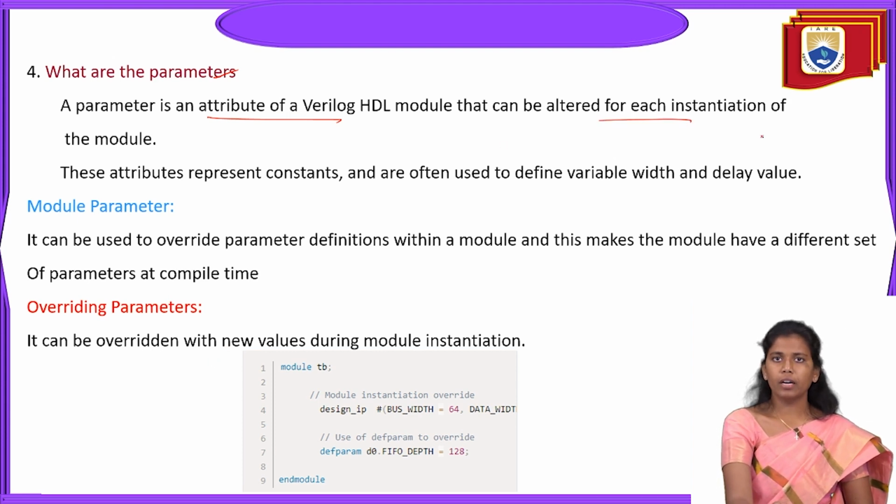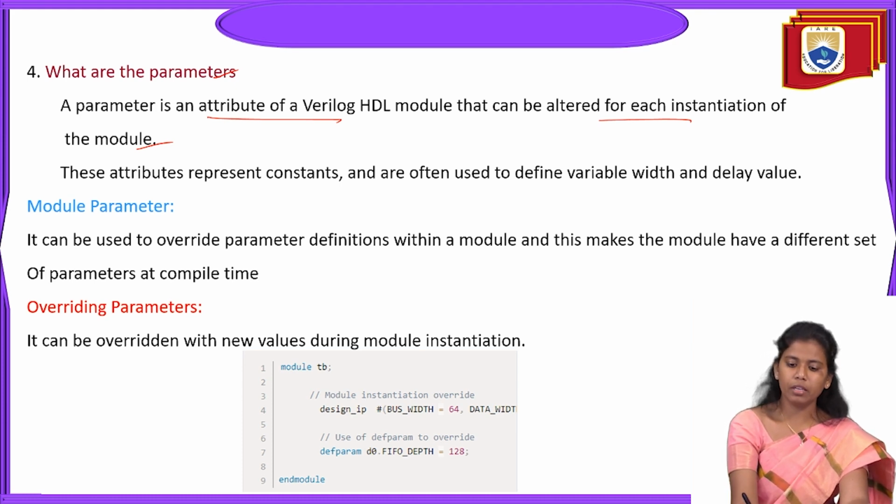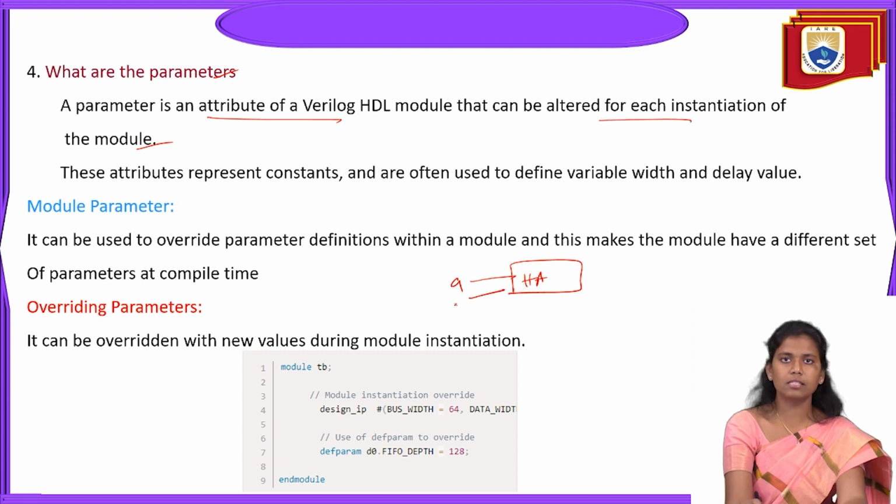This definition says that in order to represent the inputs and outputs of a particular circuit, for example, if I consider a half adder, I require A and B as inputs, C as the sum, and C as the carry, right?